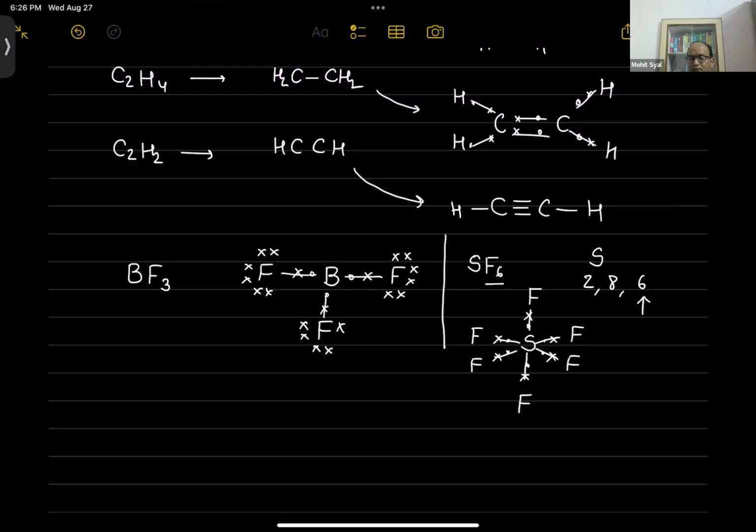Am I audible? Yes. So in total, how many electrons does the sulfur have after the bond formation?